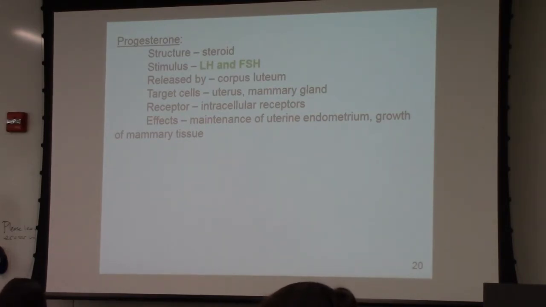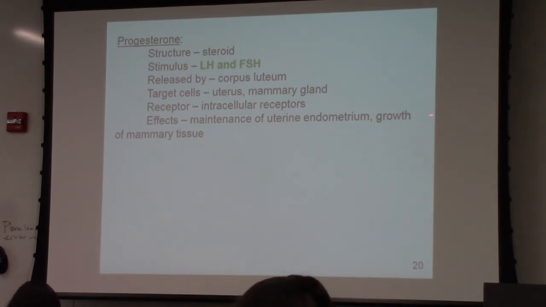But the mammary gland develops in response to both estrogen and progesterone, especially these big pulses. Remember, every single menstrual cycle is accompanied by this big pulse of progesterone. And so with each of those, there is a trigger for the development of the female mammary gland. So progesterone's effects are to maintain the uterine endometrium and to grow mammary tissue.